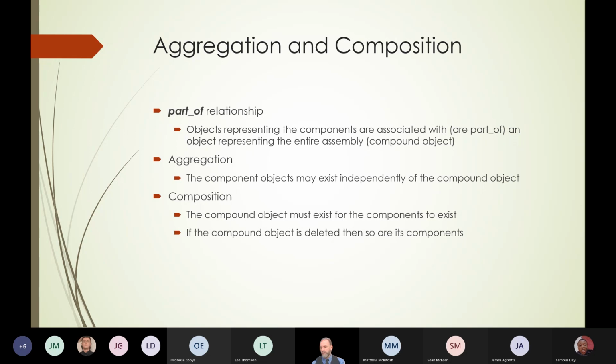And as we did with our other things, we're going to aggregate and have composition. So we're going to put things together in different ways. So things that aggregate can stand on their own.